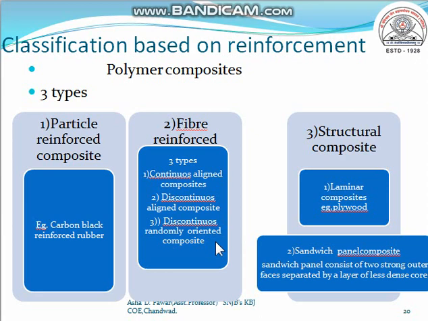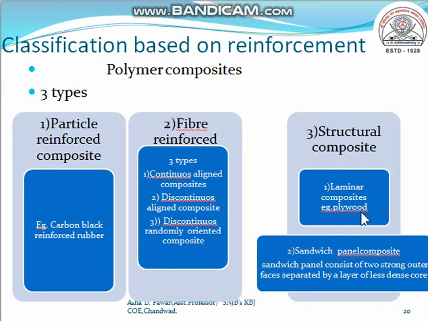Means if we use fiber as a reinforcing material, the exact orientation of that fiber decides the type, that is, continuously oriented, discontinuous but aligned, or discontinuous and randomly oriented. Fiber reinforced composite has how many types? Three types. And the last type is structural composite, which again has two types.